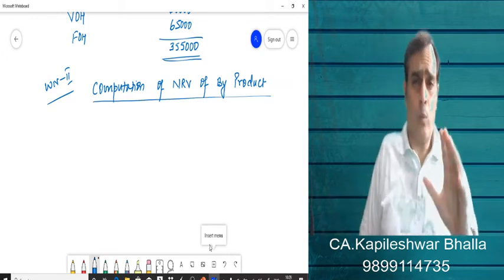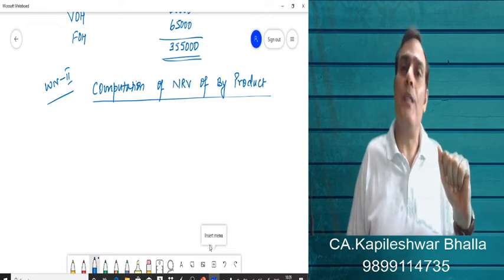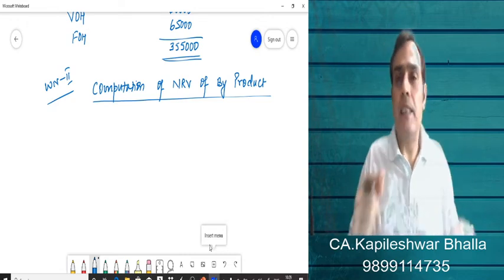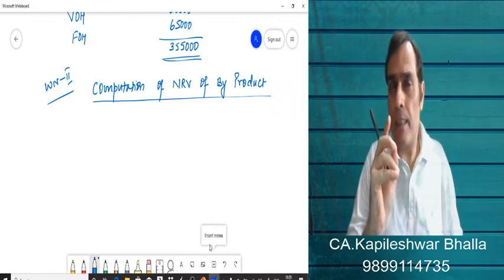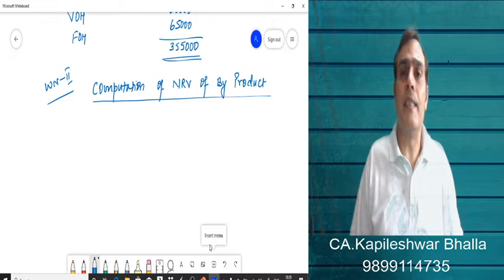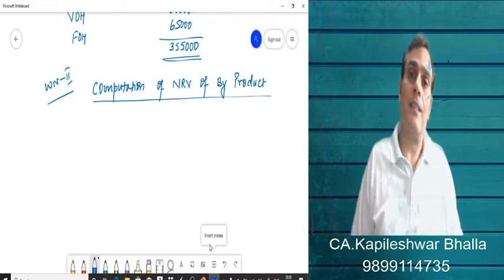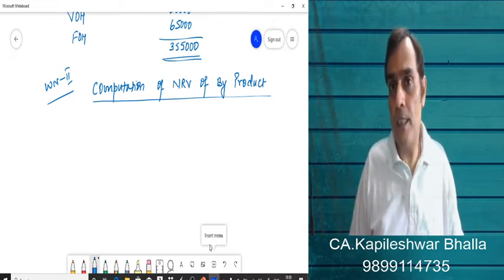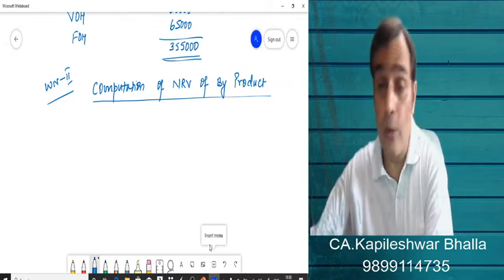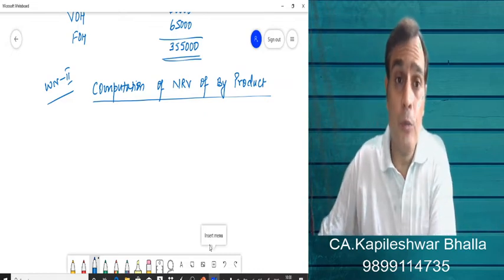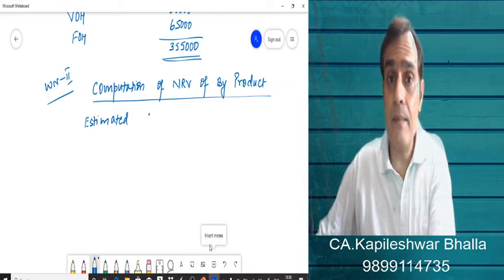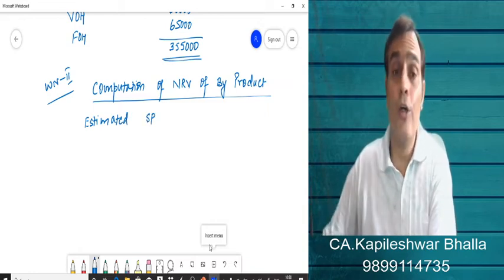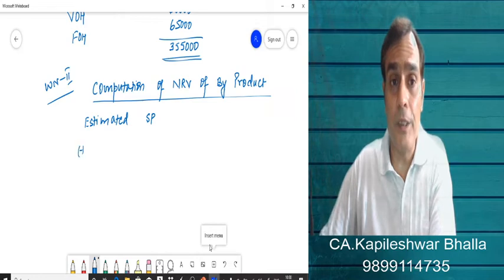Now, when you're looking at the NRV of the byproduct, your mind needs to be very clear about the formula for calculating the NRV. Though I have not yet discussed with you how the net realizable value is taken, I'm pretty sure with your knowledge at the intermediate level, you would recall that the net realizable value is the estimated selling price, and from it we reduce two things.